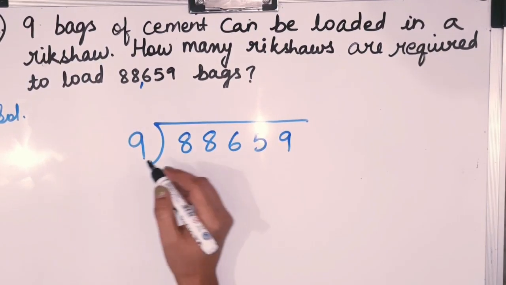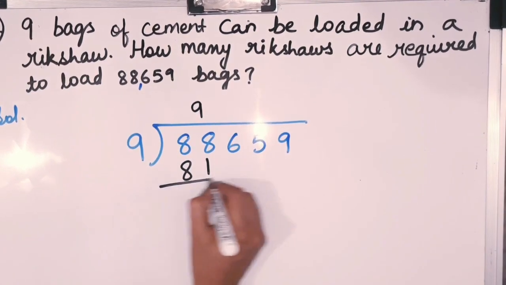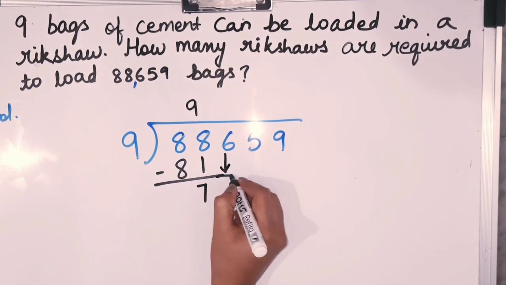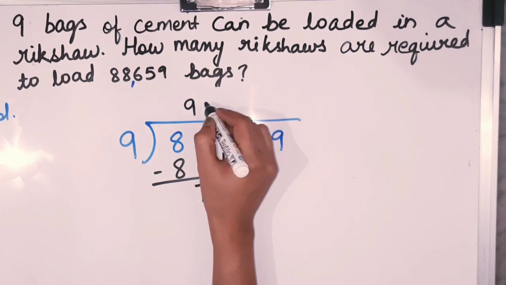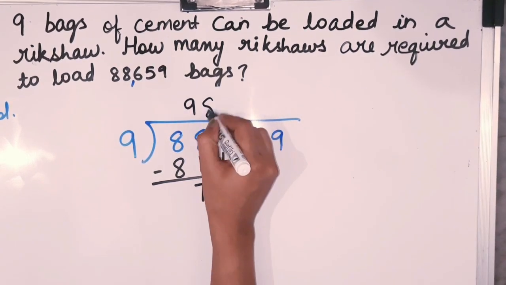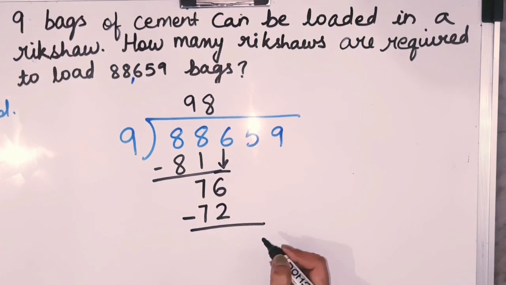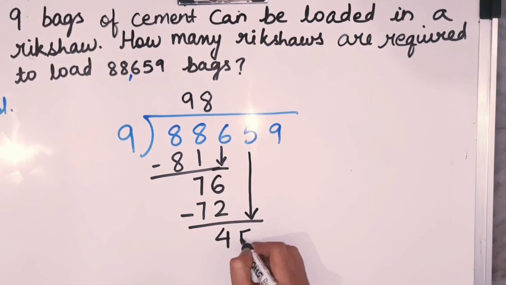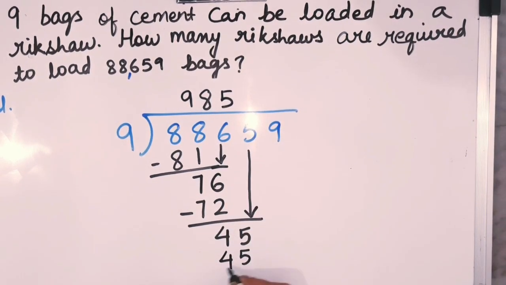So let us start. We know 9 nines is 81. So we'll get 7 here, then 6 will come down, then 9 eights are 72. Then again we'll subtract and we'll get 4. Then 5 will come down, 9 fives are 45.